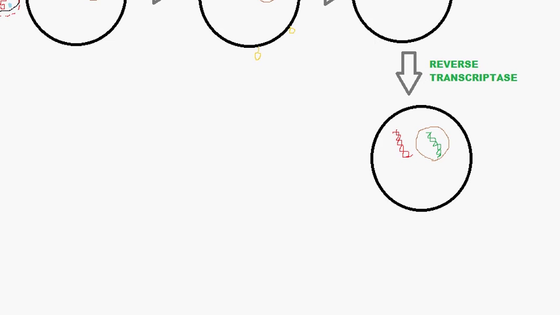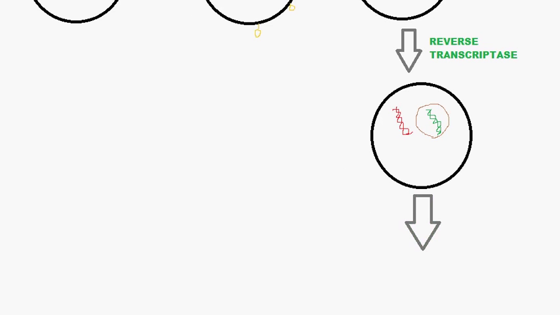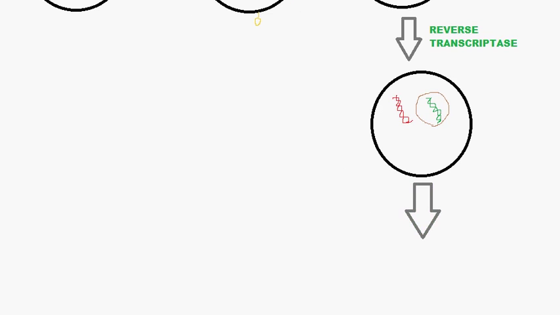Now another enzyme, or another protein, enzymes are proteins actually, will come into action. This is called the integrase protein, and what will it do? The integrase protein will take the double stranded DNA that has been formed and take it inside the nucleus.